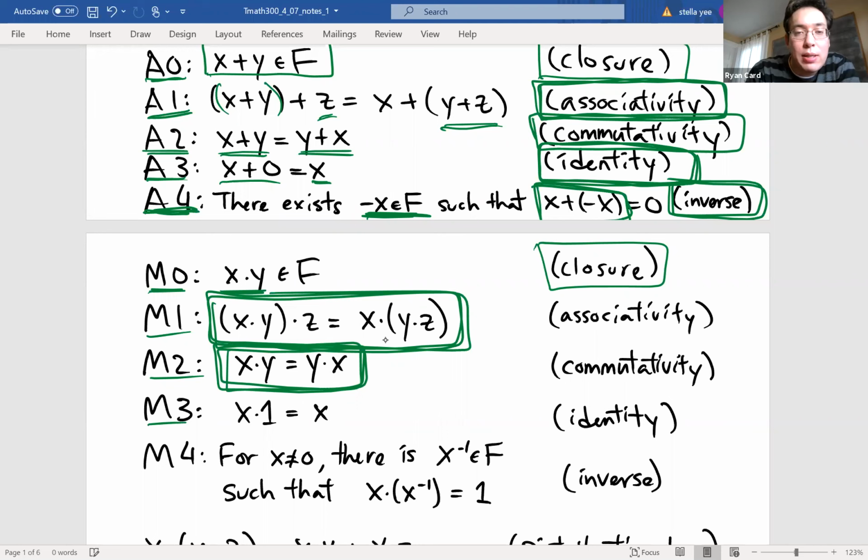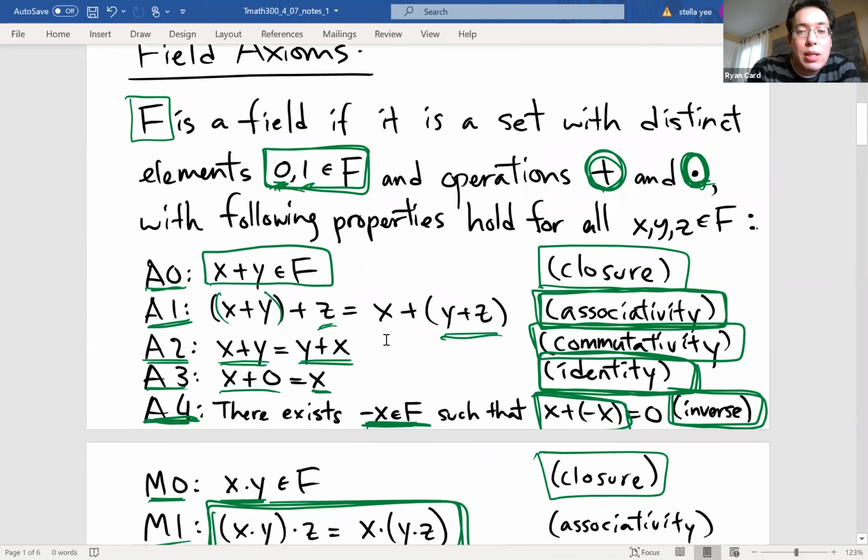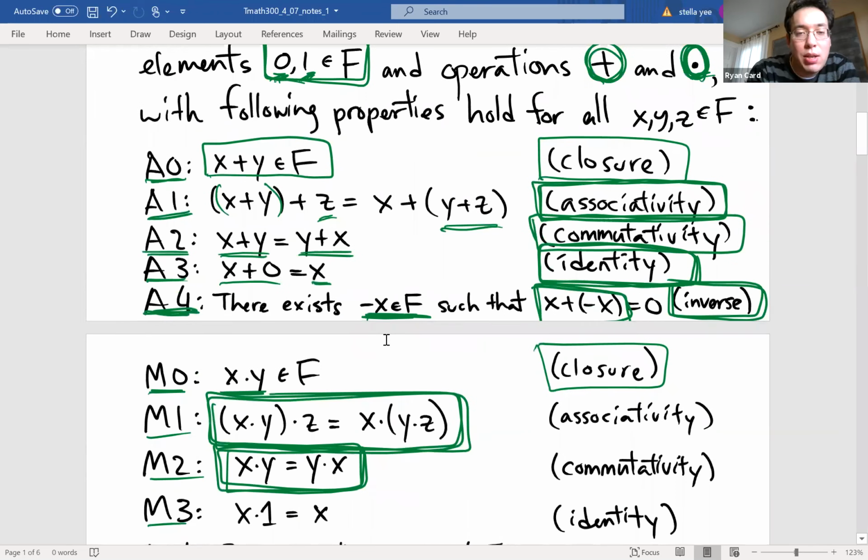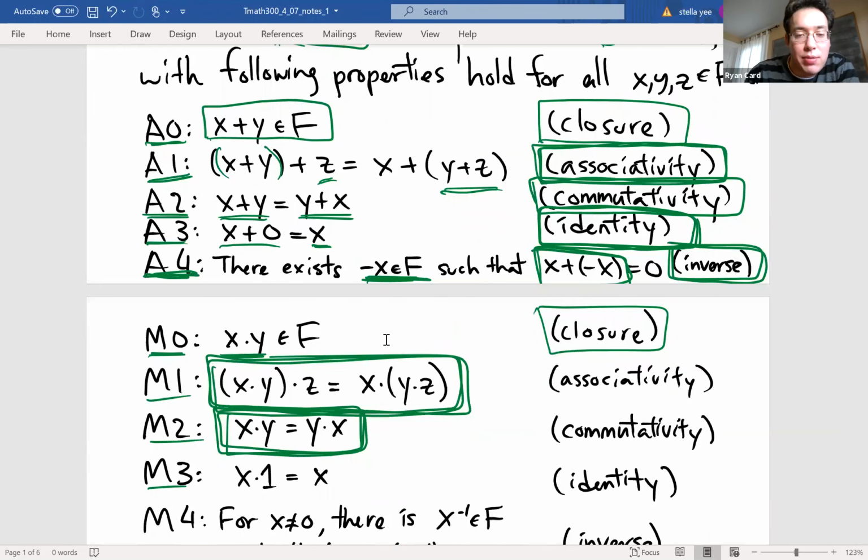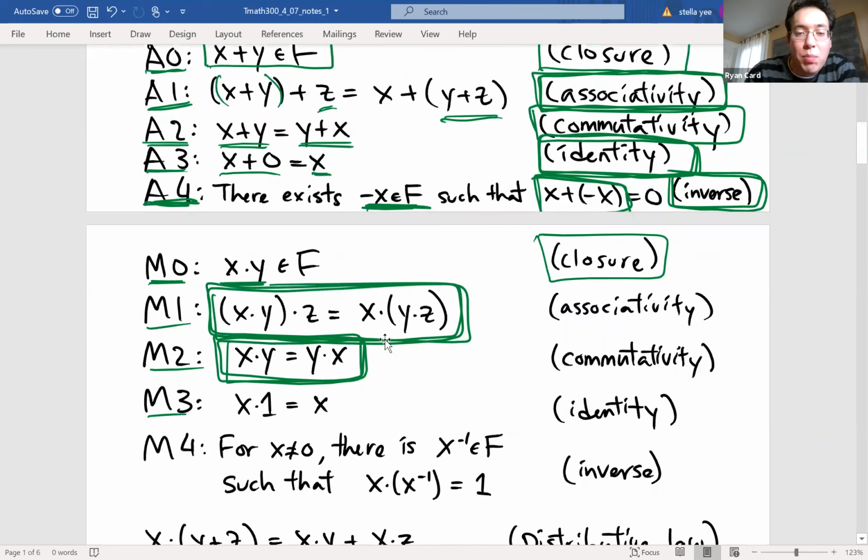Element 1 is the multiplicative identity. So remember, with addition, if you added 0, you get back itself. There's a similar element for multiplication, and that's what we're going to call 1. So if you multiply and get back itself, then that's the multiplicative identity, and we denote it using the numeral 1.